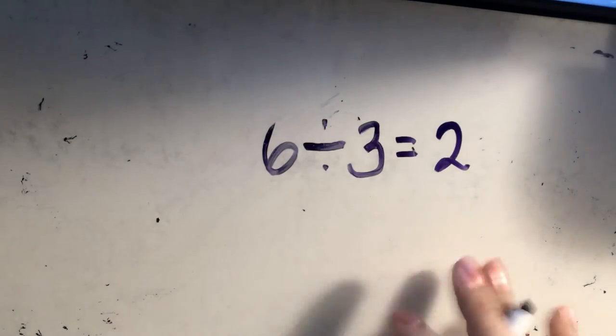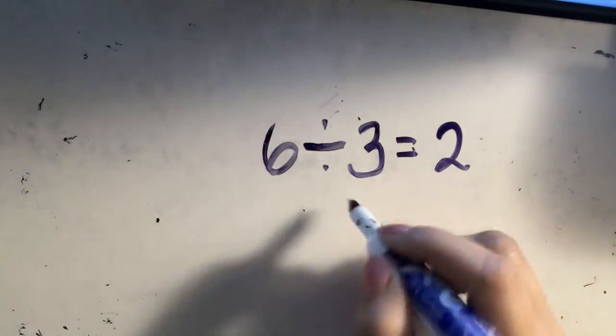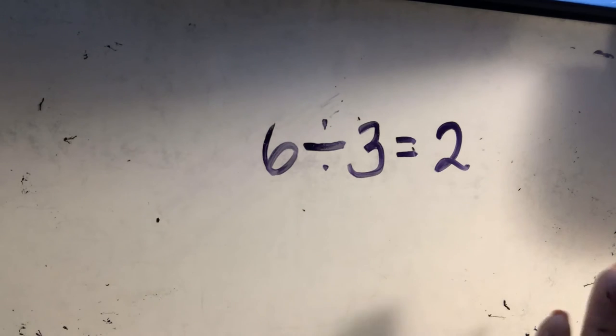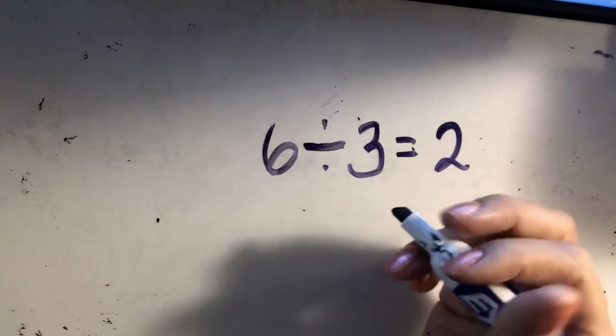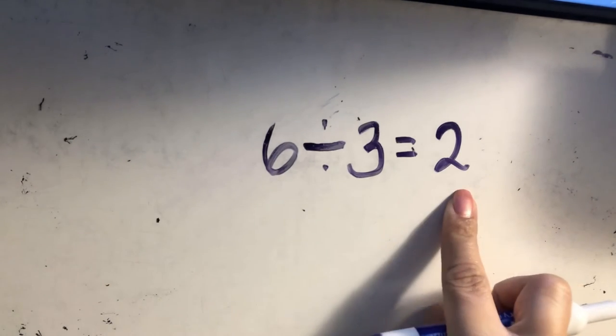Once you figure out how you want to do it, either method 1 or method 2, or if you know your multiplication and division and you already know how to do this, then go ahead and answer the problem. You don't have to do a whole bunch of work on these sections. On 11 through 13, you don't have to show your work if you can get this off the bat in your head because you memorized the flashcards already. So 6 divided by 3 would be equal to 2.